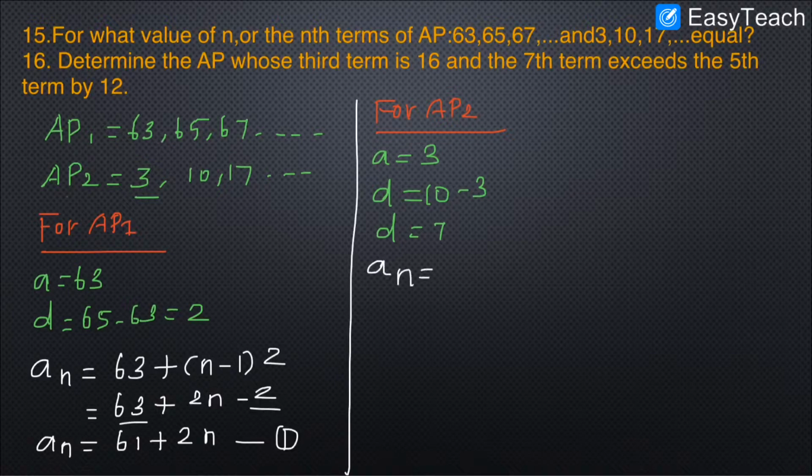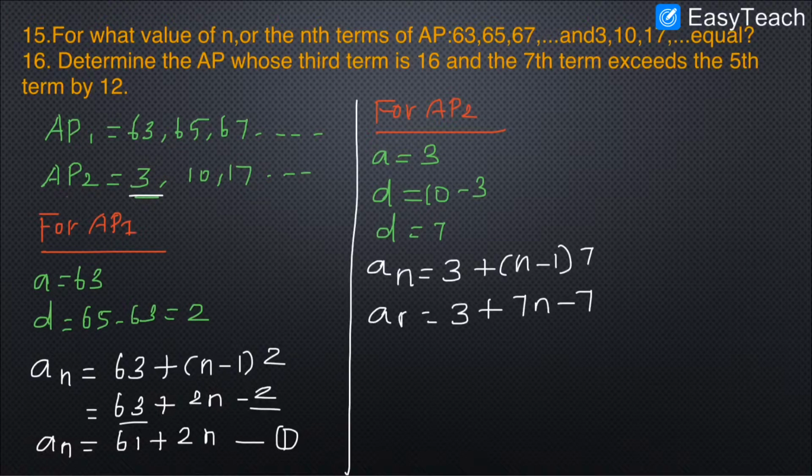An equals the first value 3, plus (n minus 1) into D, which is 7. So we can write 3 plus 7n minus 7, which is An. So An equals 7n minus 4. This is our second equation.